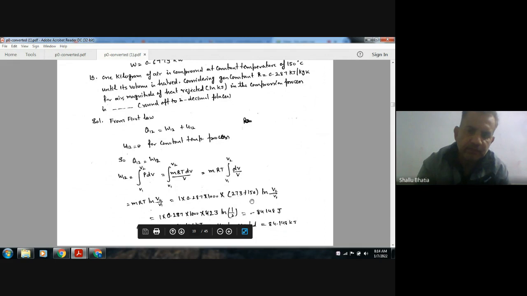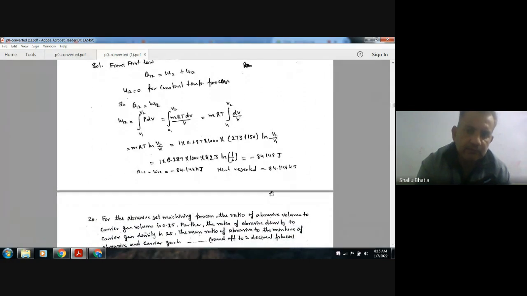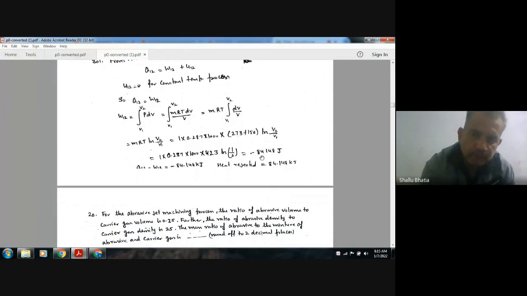Putting these values, we get minus 84.148. So that is Q also, that is the heat rejected. In kilojoule it is 84.148. As heat is being rejected, we change the sign.